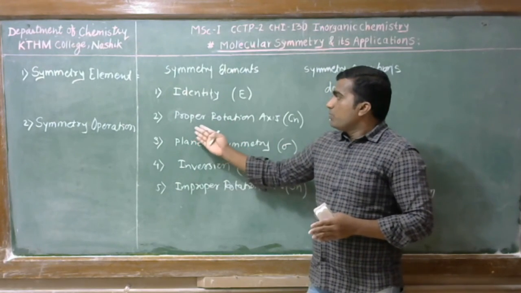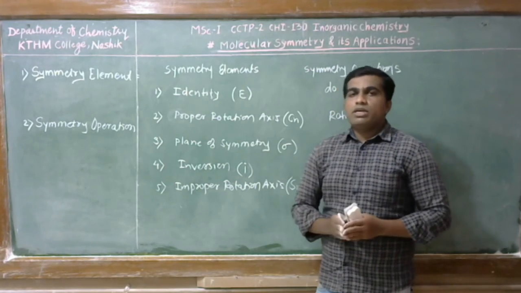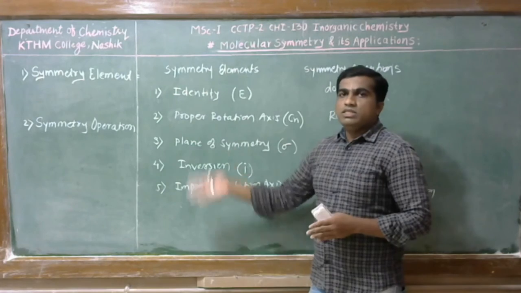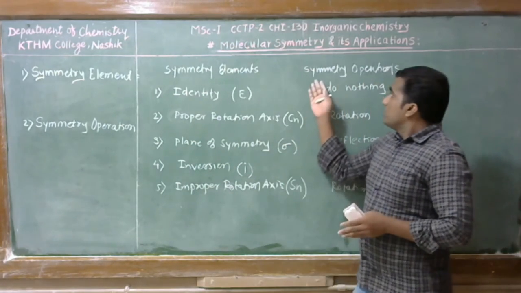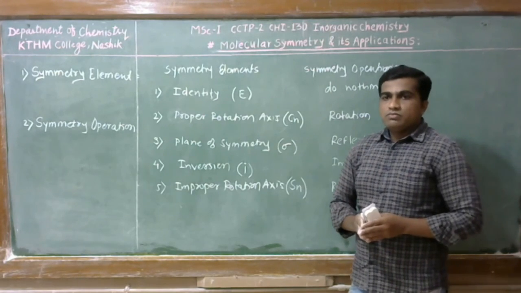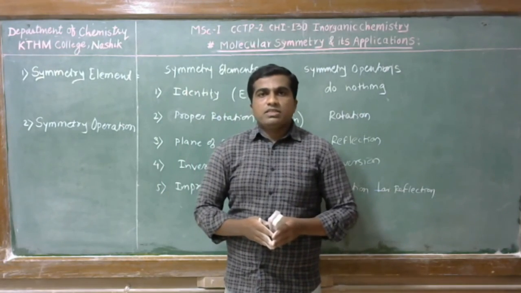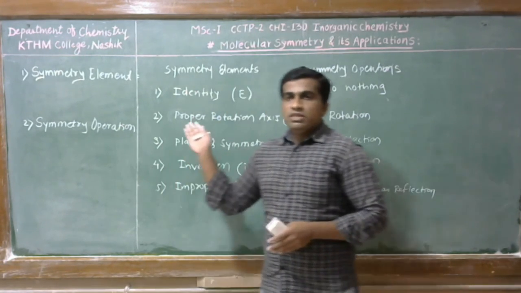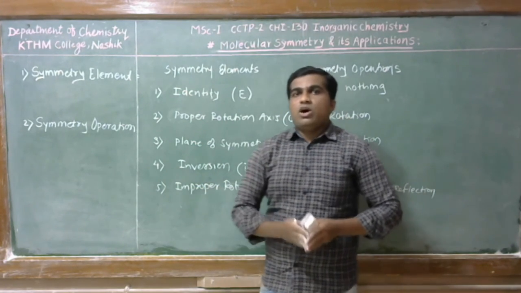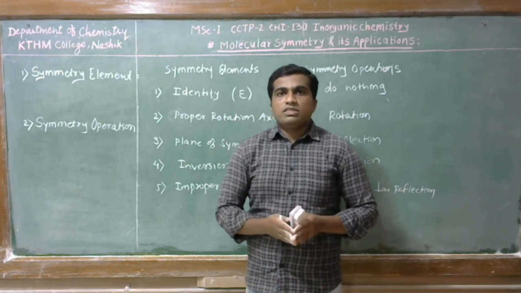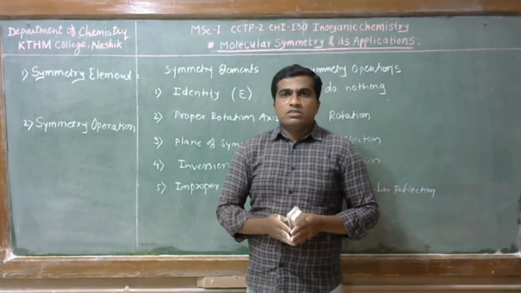First, identity, proper rotation axis, plane of symmetry, inversion, and last one, improper rotation axis. And by using all these symmetry elements, we can perform symmetry operation. Okay, so in the next lecture we will discuss in detail the 5 symmetry elements. I hope you got all these important points related with molecular symmetry. Thank you.